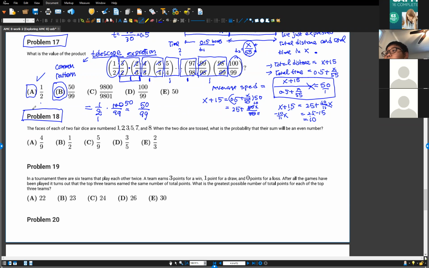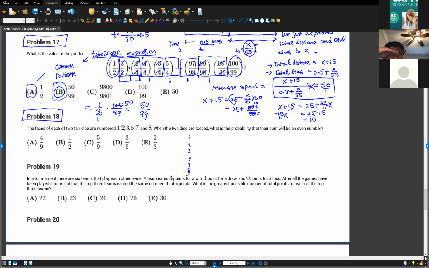The faces of each two pair dice. You know the pair dice usually have six numbers, 1, 2, 3, 4, 5, 6. But this is different. They are not going to use the number 6. Forget number 6, they use a different set of numbers: 1, 2, 3, 5, 7, and 8.